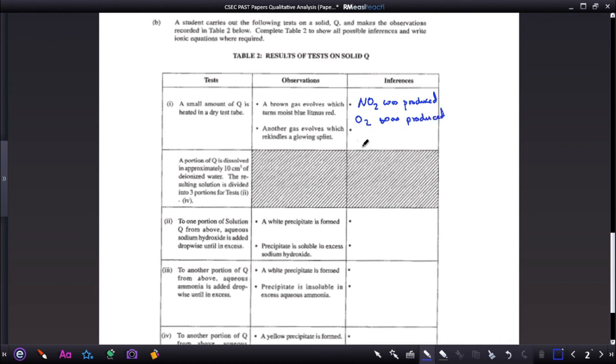So what can we infer from this? We can infer that the nitrate ion is present, because that seems as if it's some decomposition. So the nitrate ion is decomposition of the nitrate. So the nitrate ion is present.